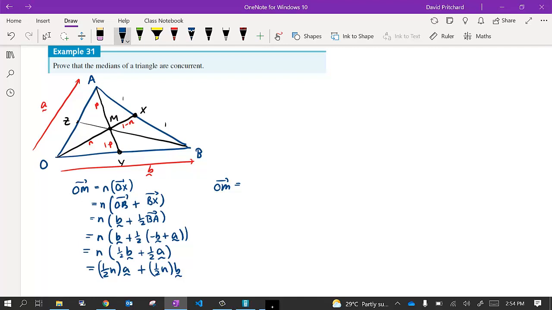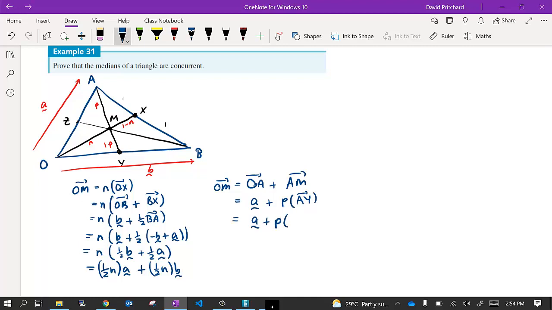So now we need to choose another way. I'm going to say that we'll follow the path OA and then AM. So OA is nice and easy. It's A. AM is going to be p over 1, or p bracket AY. So it's that fraction of AY.